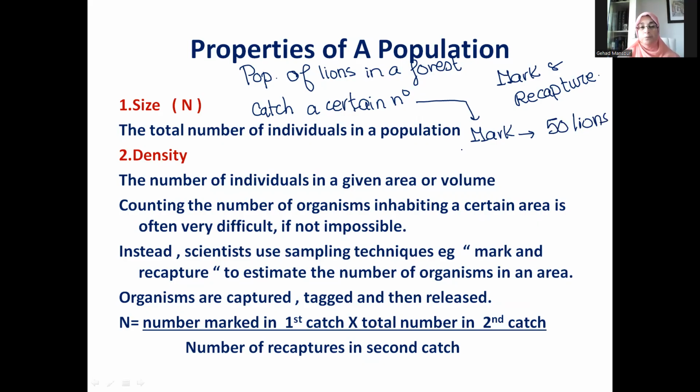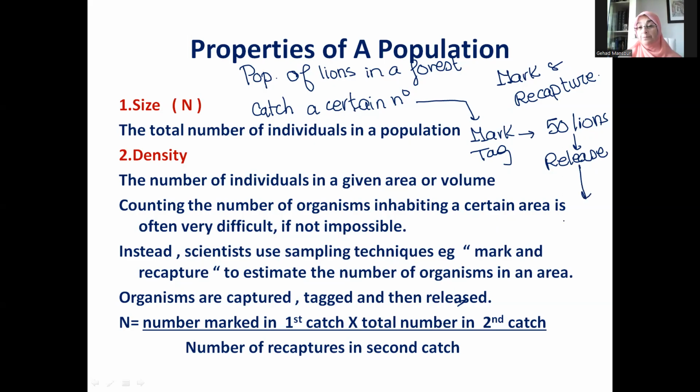Okay, and then after having captured the animal and marked it or tagged it, you then release those lions that you had already captured and marked.